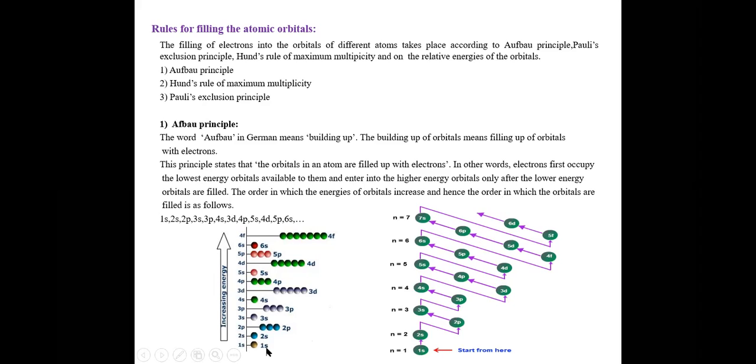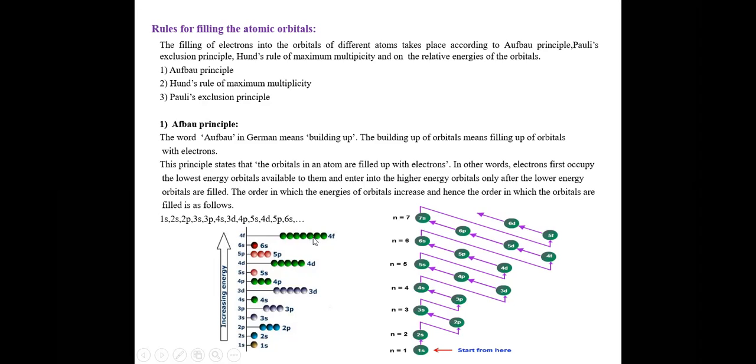The first orbital energy level is 1s. The second one is 2s, then 2p, 3s with one orbital, 3p with three orbitals, 4s, 3d, 4p, 5s, then 4d with 5 orbitals, 5p, 6s, and 4f.